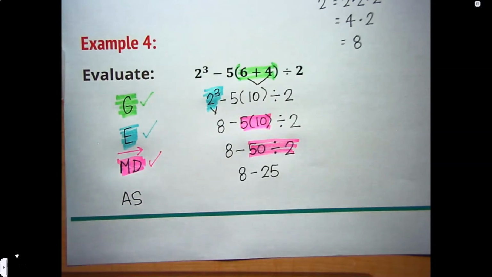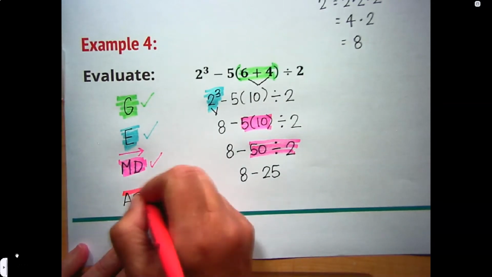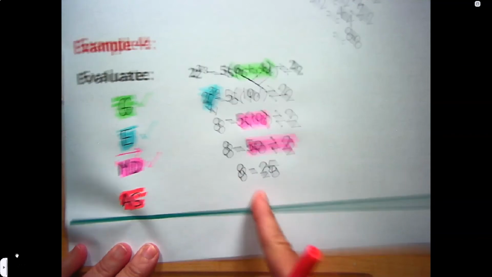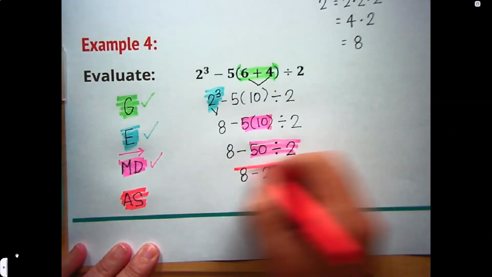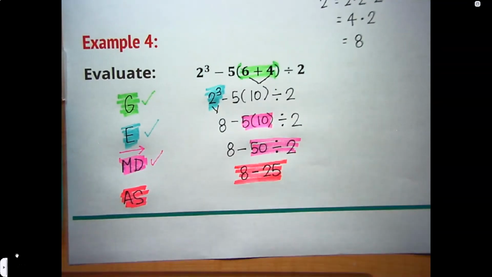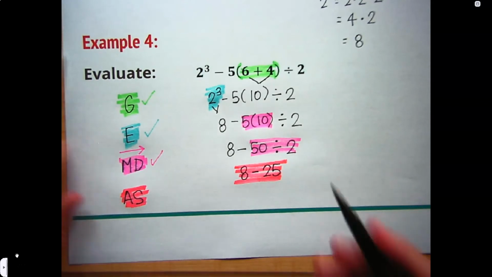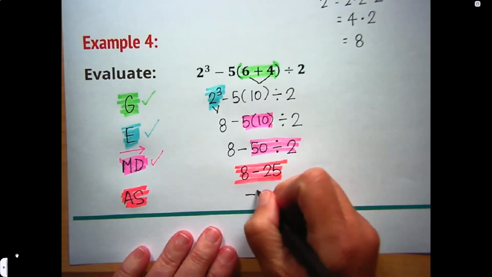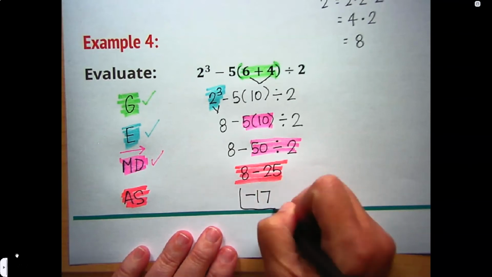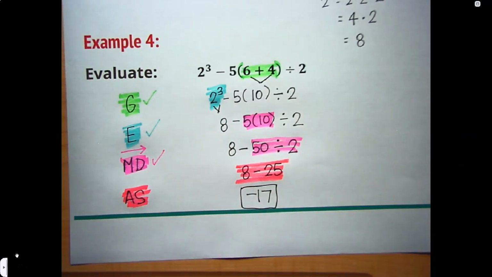And then I finish this off with adding and subtracting. And there's only one of those to do here, 8 minus 25. So to finish off this problem, we're going to do 8 minus 25, which is a negative 17. And again, calculator can be used at all times to help you fill these things in.